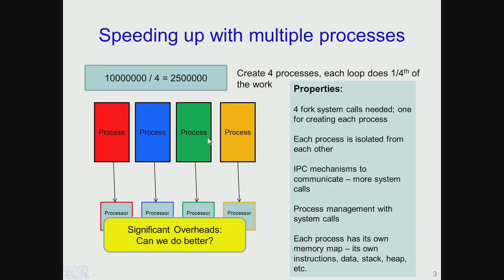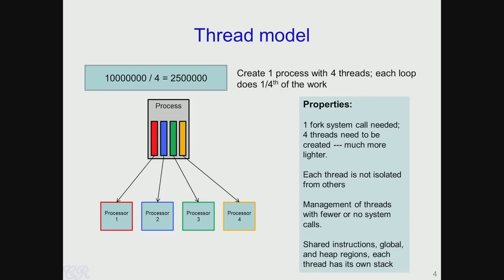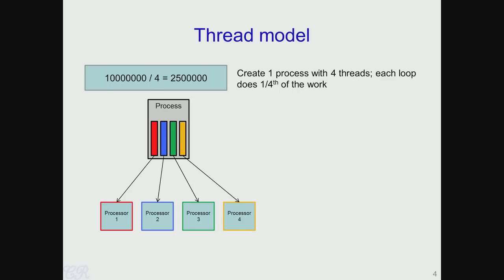In order to achieve this, the concept of threading is used. With threading, like before, we divide the entire space of 10 million into 4 parts of 2.5 million each, but instead of creating 4 processes as we have done earlier, we only create one process, and within this process we create an execution entity which we call a thread.